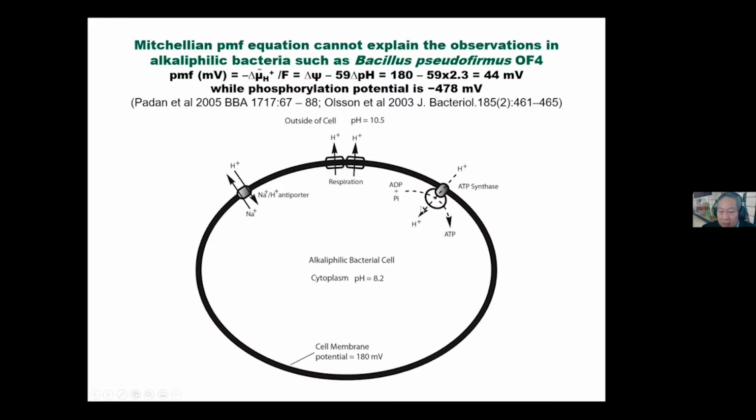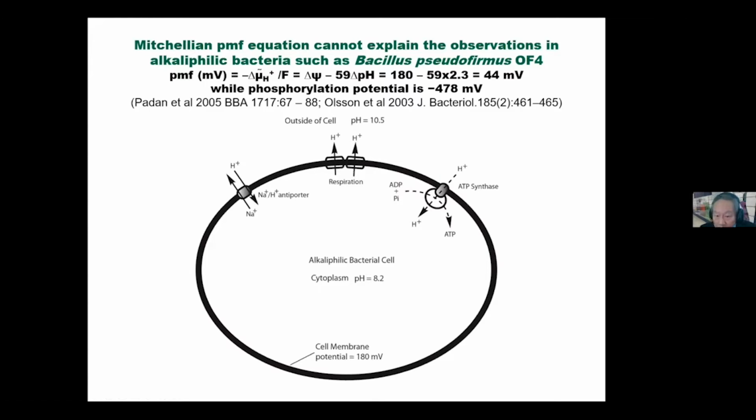It's like a little turbine that makes a turn when protons come in, driving the making of ATP from ADP plus inorganic phosphate. The rotor movement converts mechanical energy into ATP energy. That's a well-known process.